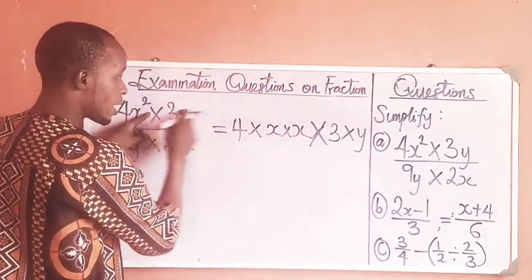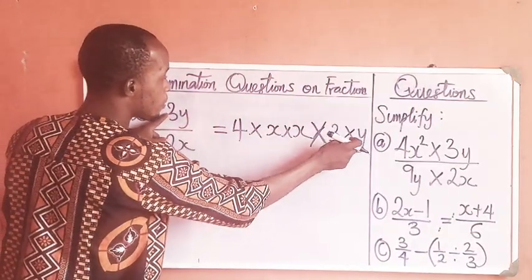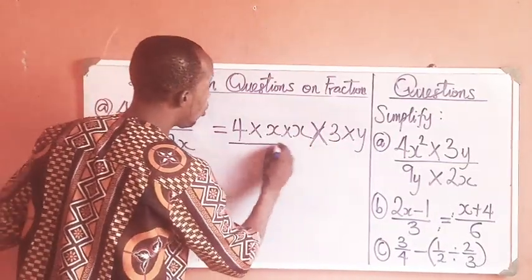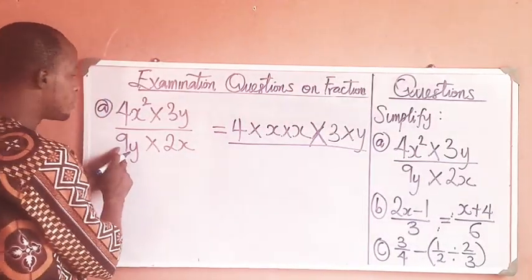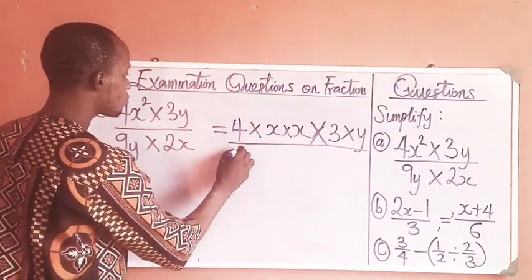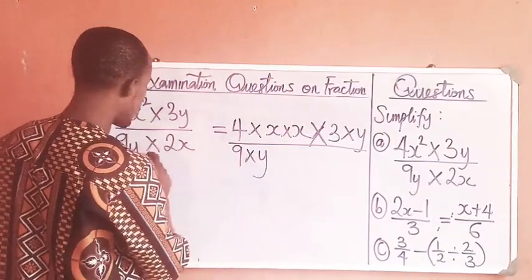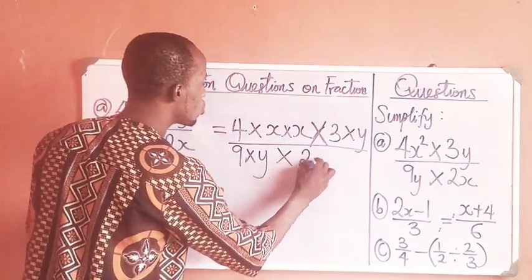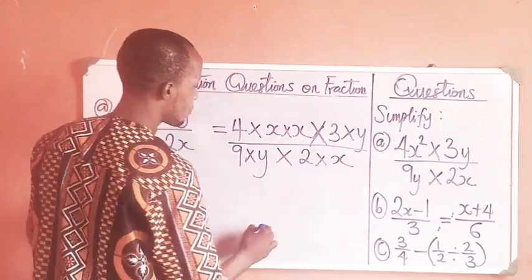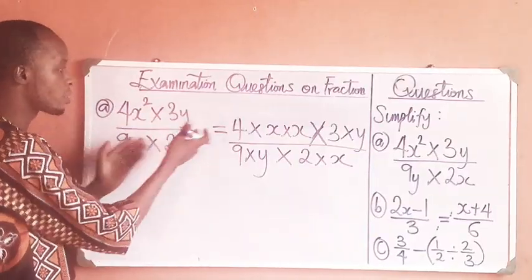This multiplication sign is this one, and then 3y is the same thing as 3 multiplied by y. Okay, all over, we have 9y. 9y simply means 9 multiplied by y. This multiplication now multiplied by 2x is the same thing as 2 multiplied by x. By this we have expanded the question given.